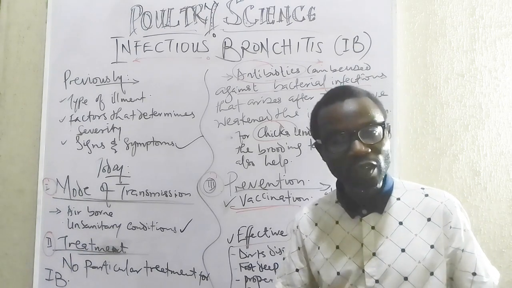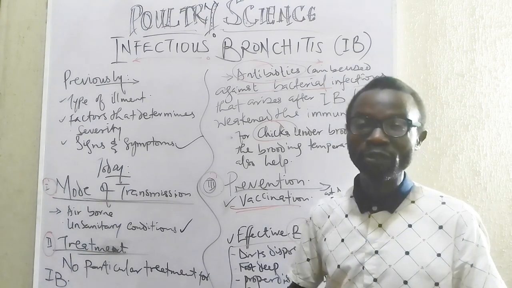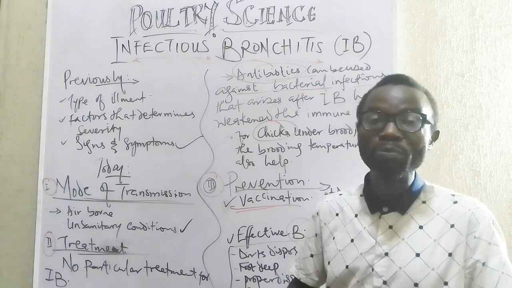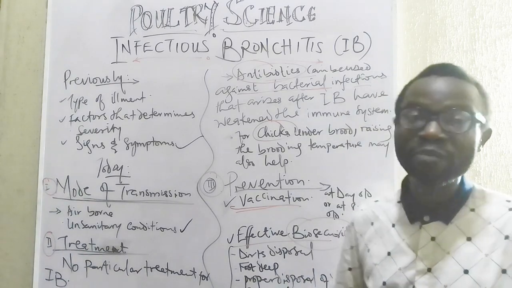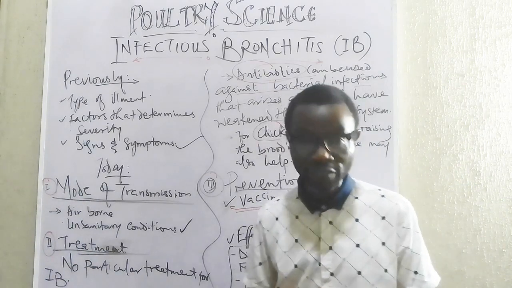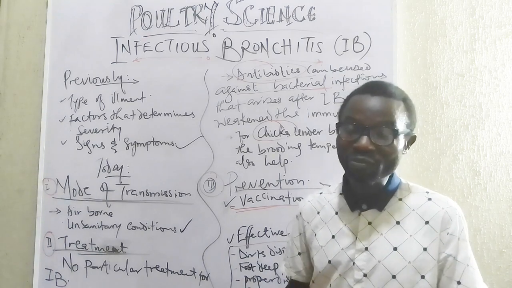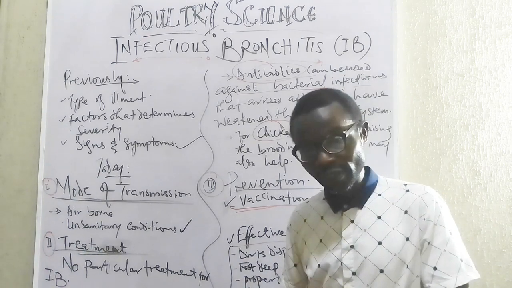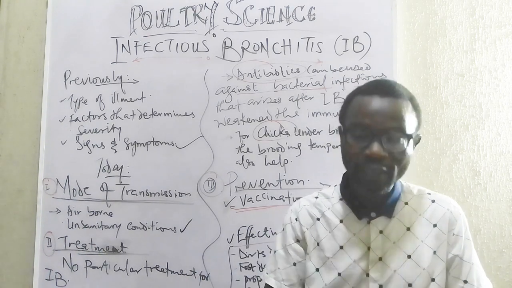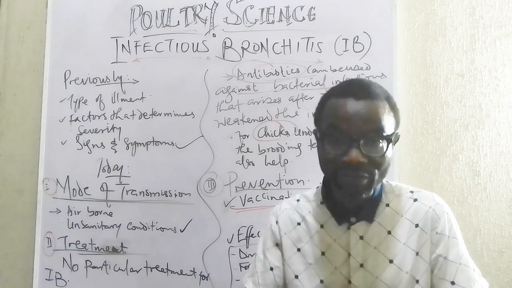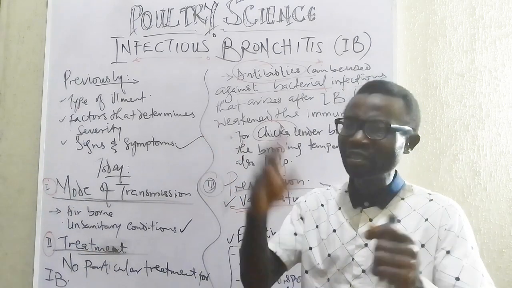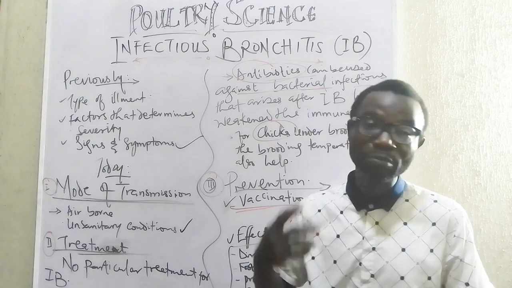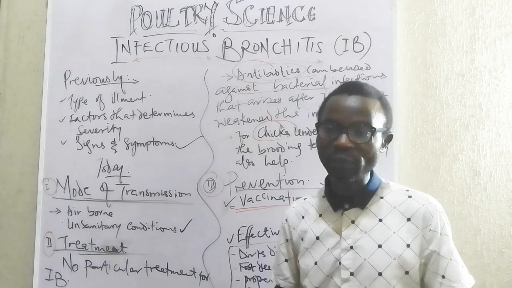There's proper disposal of dirt around, because dirt can be the hiding place or breeding place of vectors that carry these viruses. For example, flies. Some flies may have some of these viruses. They perch on the feed of the animal. The animal eats the feed, or they just spread these things around in the atmosphere and then the birds breathe them in. So you clear those places.